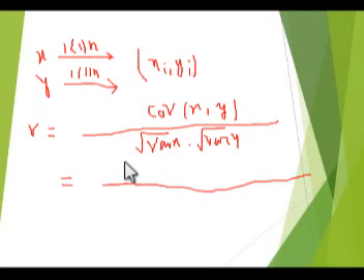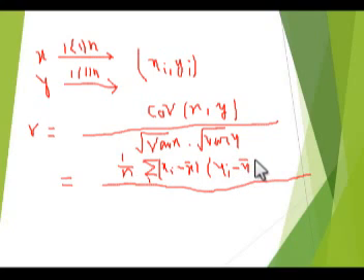Covariance value I am putting here. This is 1 by n, summation over i, of xi minus mean of x and yi minus mean of y.